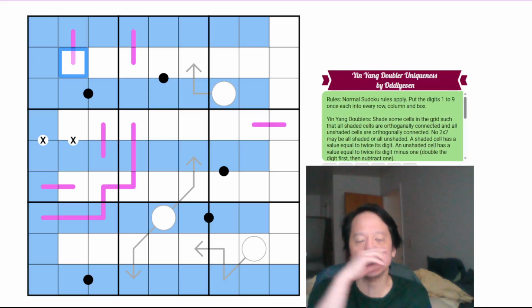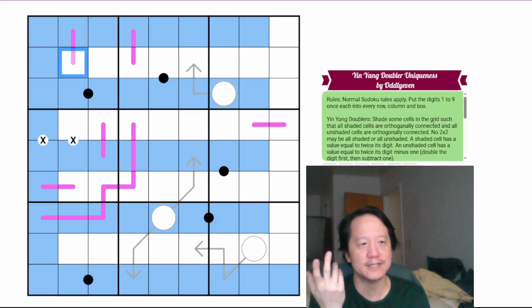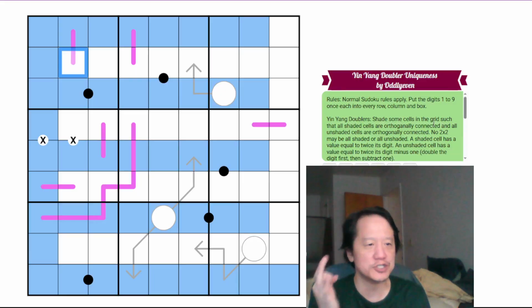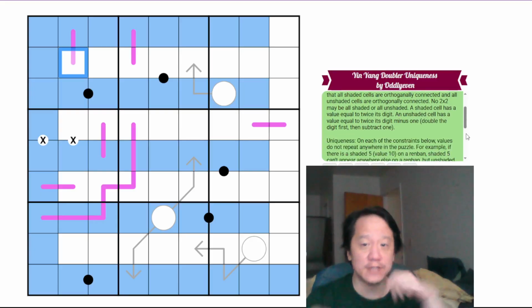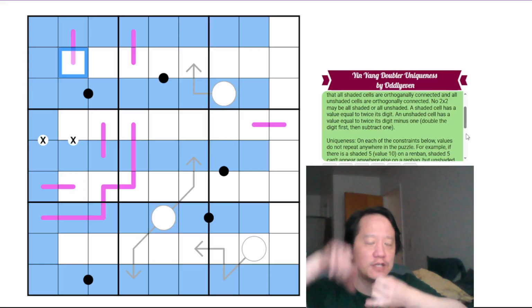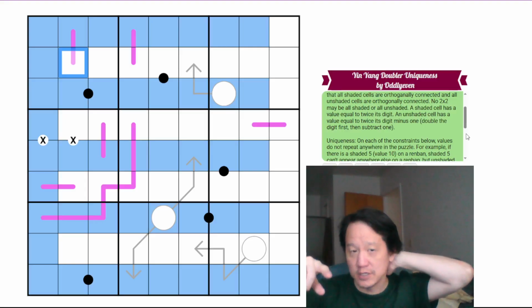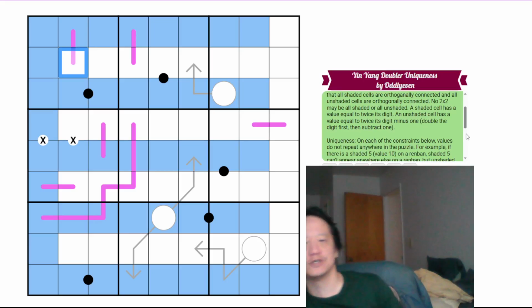So no cell is actually equal to its actual digit, unless you calculate it out. You have to double it all the time, and for a shaded cell, it's basically that value. For an unshaded cell, you need to subtract 1 from that value. So that's interesting.